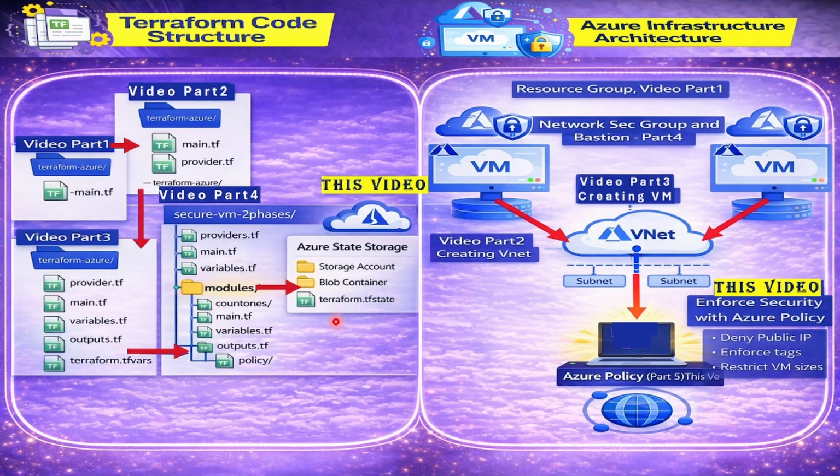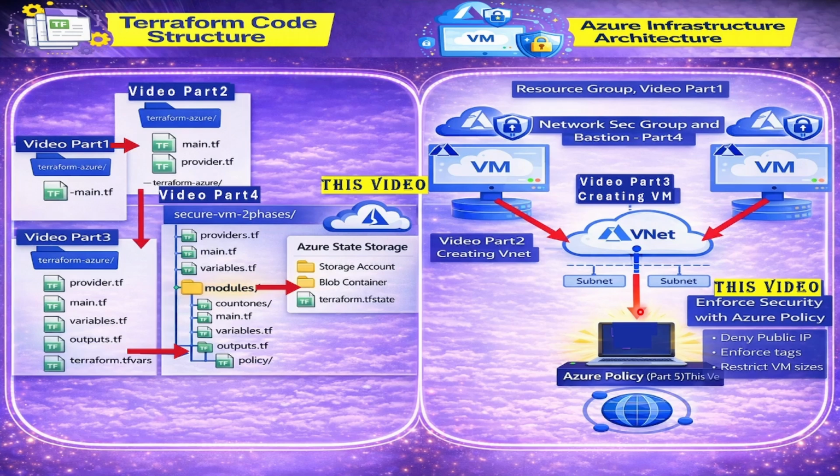and more reliable deployments. At the same time, our Azure environment has also evolved. We started with a resource group, expanded into a virtual network, deployed a virtual machine, and since then, added security using network security groups and Azure Bastion. And now it's time to bring governance into the picture.